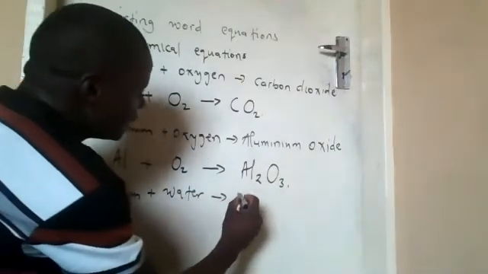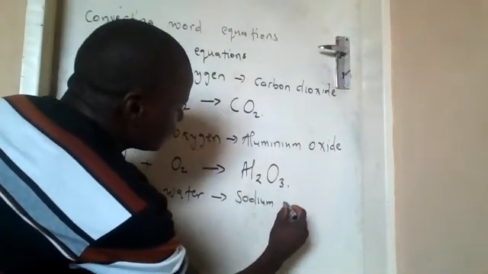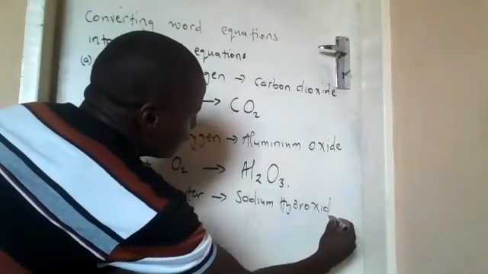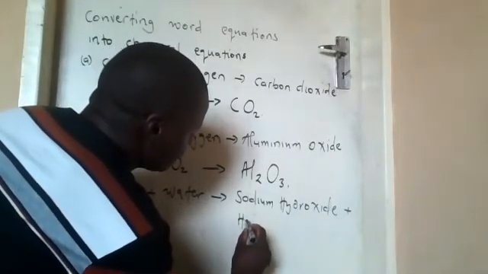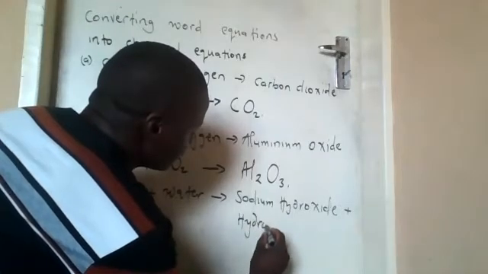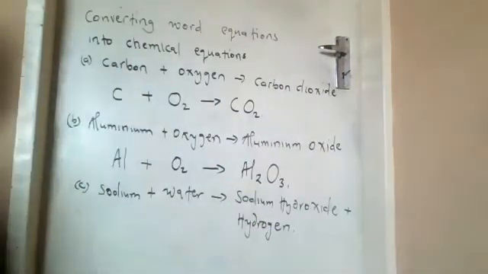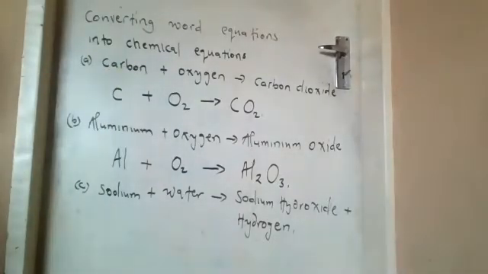What we are forming is sodium hydroxide, and then plus hydrogen. We are just converting. So we have sodium plus water, and we form sodium hydroxide plus hydrogen gas.